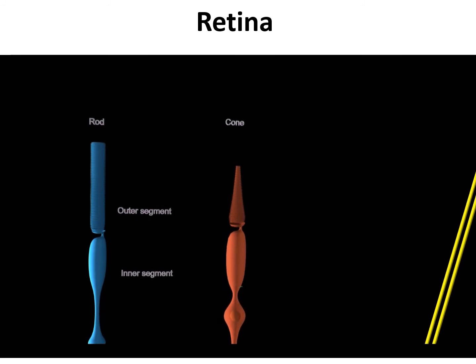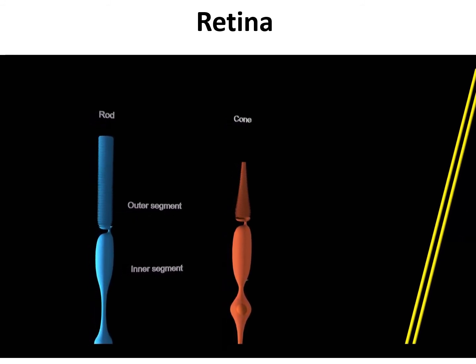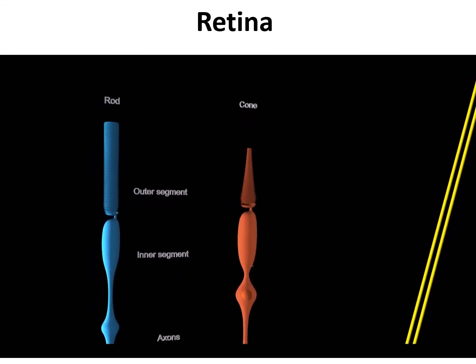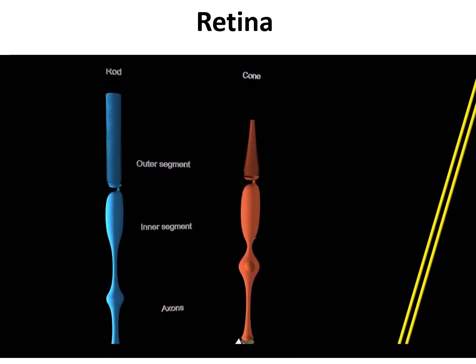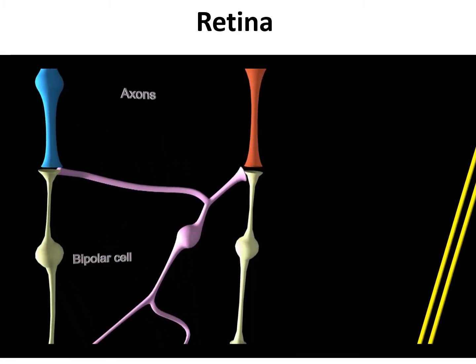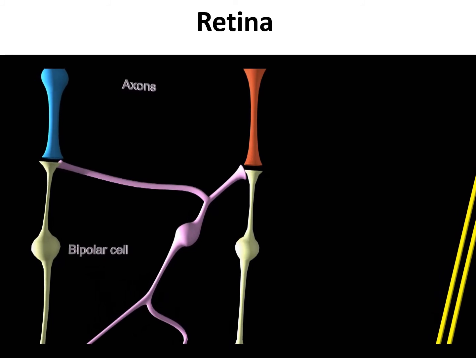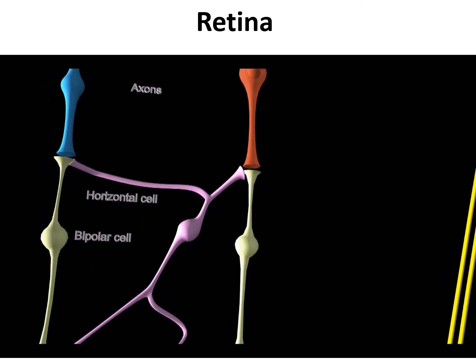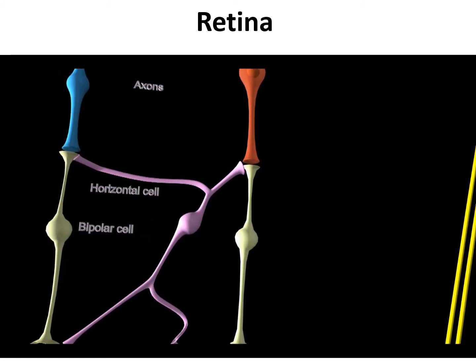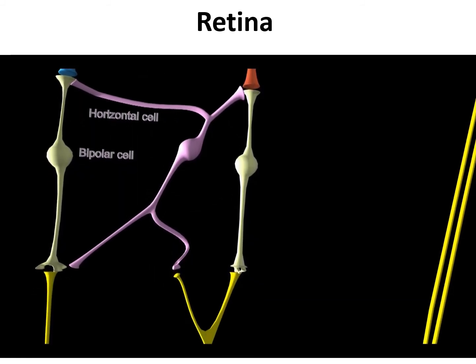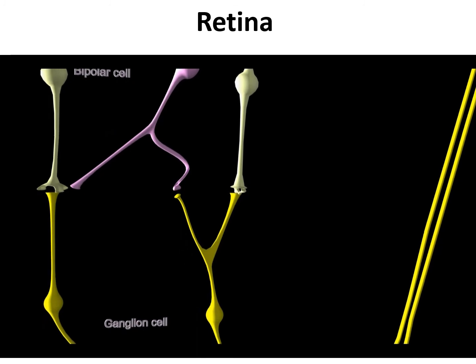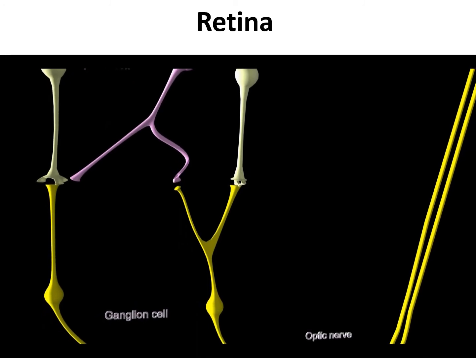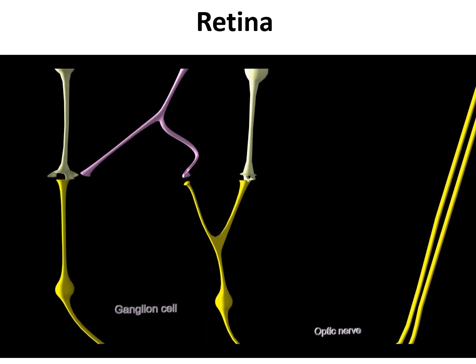Towards the lumen of the eye follows the inner segment, the body of the photoreceptor cells. Their axons connect to bipolar interneurons, which are interlinked by horizontal and amacrine cells, which modulate the signal. Closer to the lumen still are the ganglion cells, whose axons form the optic nerve.